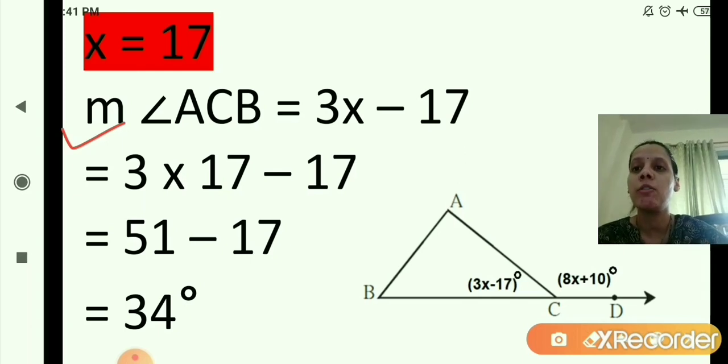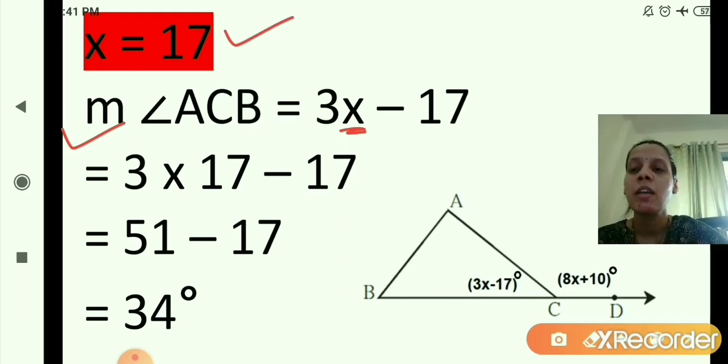Now put the value. What is the value of x here now? We got x as 17 degree. Correct. So 3 multiplied by 17. Yes, in place of x we will write down 17. Just now we got the value of x, that is 17. So we will put it here in this 3x minus 17.